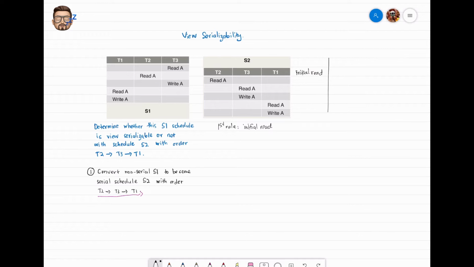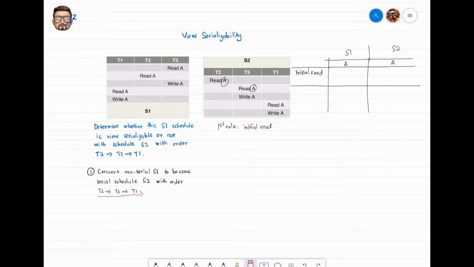Then we have two different schedules here, S1 and S2. How many data items do we have? We have only one data item, A. If you have A, B, and C, then of course you need to do it for all A, B, and C. But now since we have only data item A, we just do A. The initial read for data item A: take a look at S1 first.